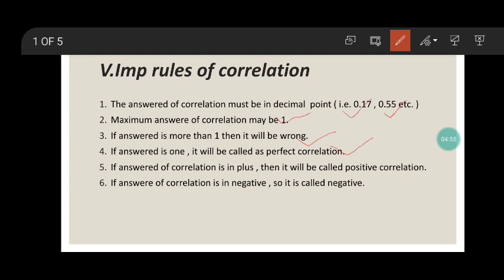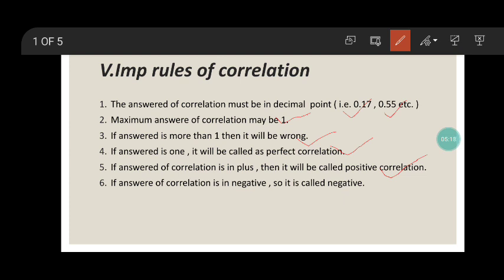Okay, the rule number 5 is, if the answer of correlation is in plus, then it will be called positive correlation. Like if your answer of coefficient of correlation is plus 0.17, plus 0.55, or any number in plus which is less than 1, you would call it positive correlation.